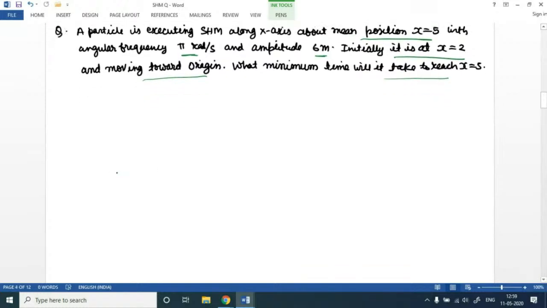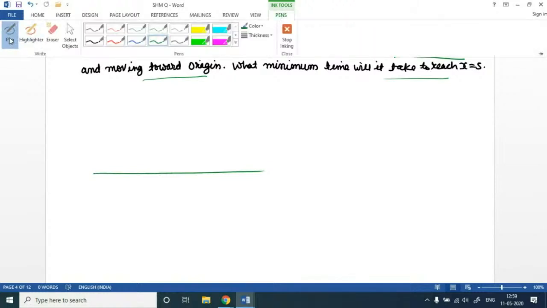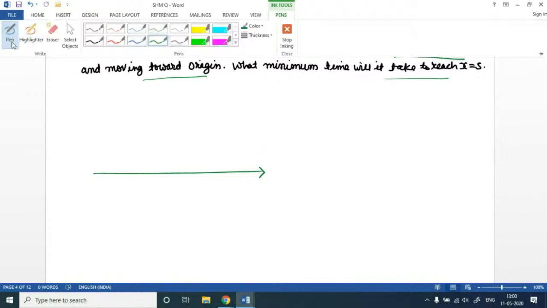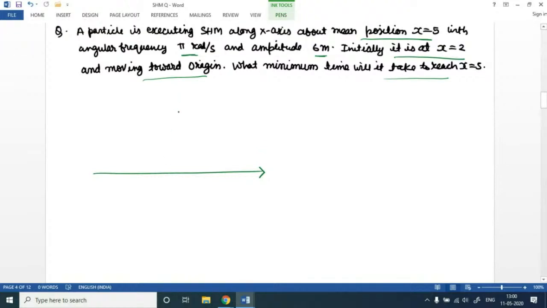Okay, so say this is the x-axis, and here this is our mean position, let's say, that is x is equal to 5. Again my pen is not working properly.